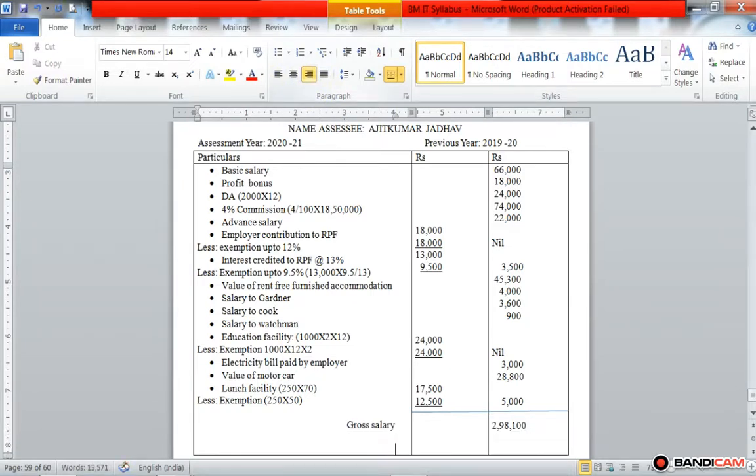Then we deduct, less, deductions under section 16.